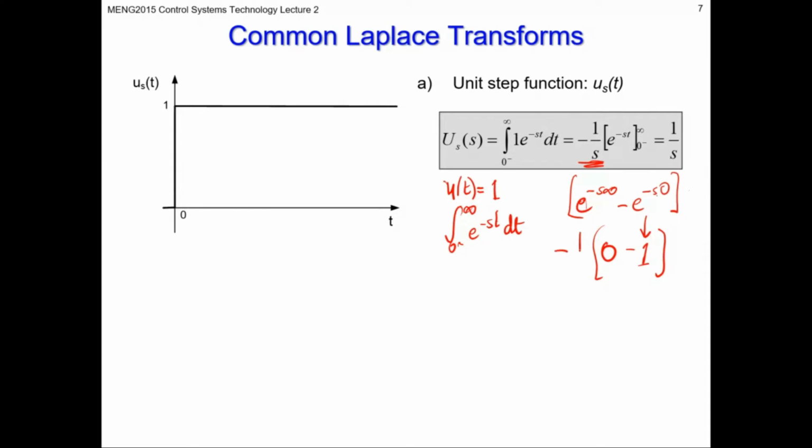So our minus 1 upon s, the constant on the outside of the brackets, times 0 minus 1, minus 1, that's how we get our 1 upon s. The negative disappears, right? So that's that one.